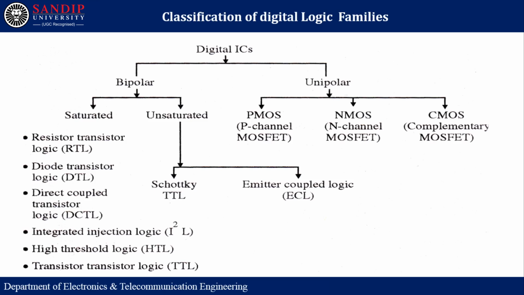So this is the structure of classification of digital logic families or digital ICs. They are classified into bipolar and unipolar. Further, the bipolar are classified into saturated and unsaturated.